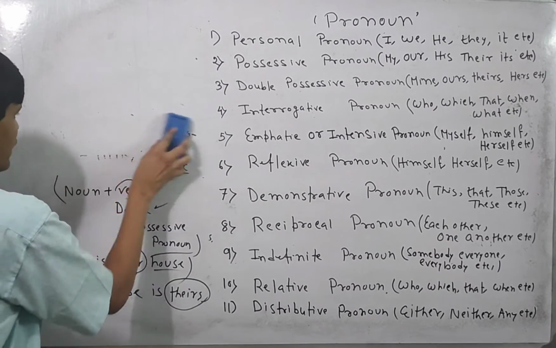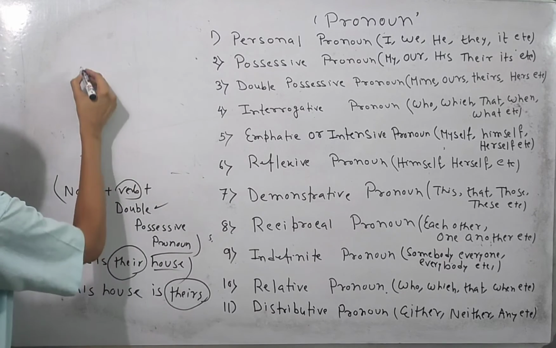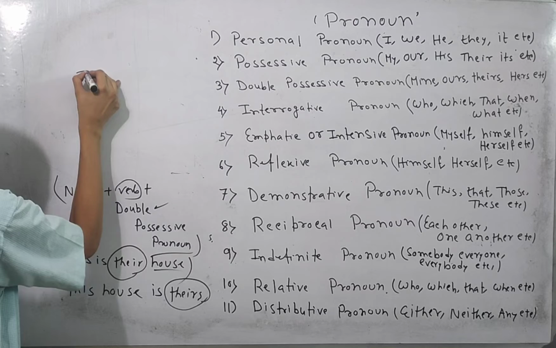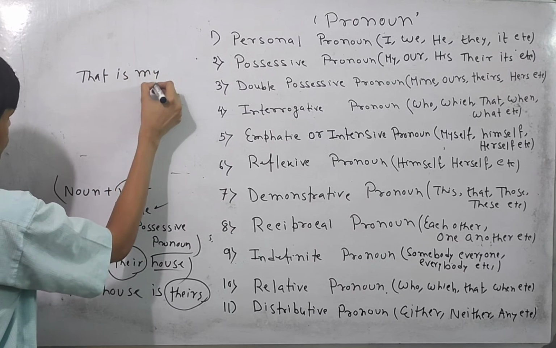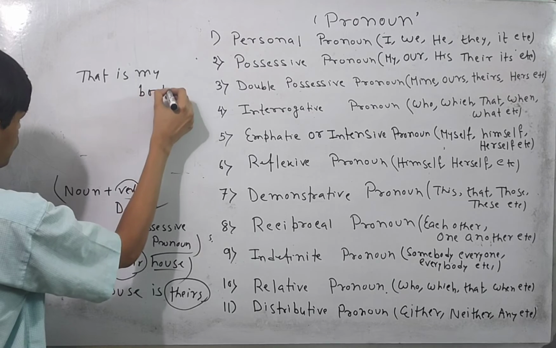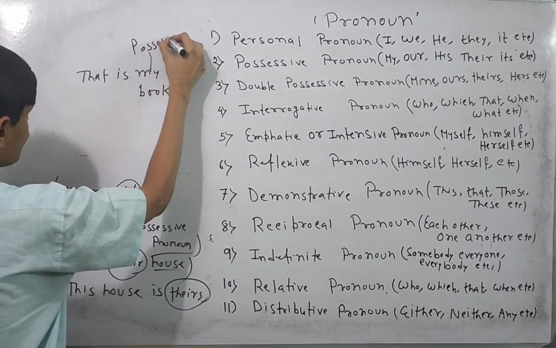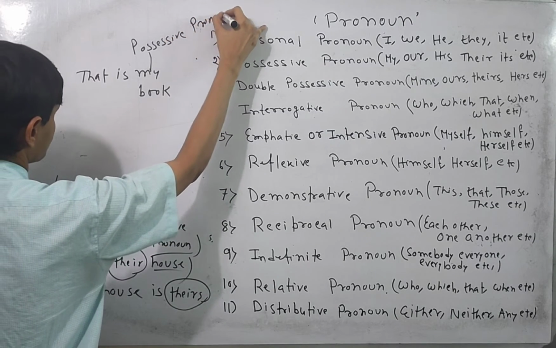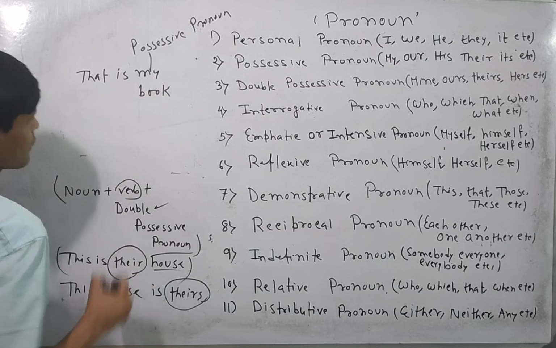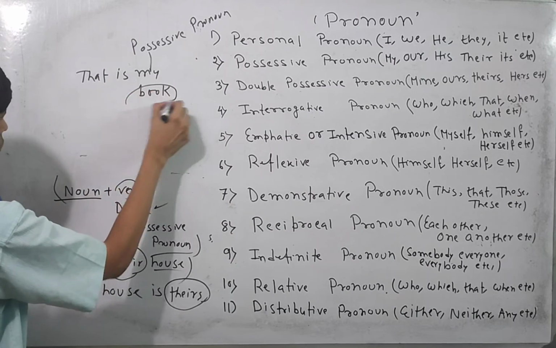Now if I write some sentences like this: that is my book. Here it is functioning as a possessive pronoun, not a double possessive pronoun. Now if I break this sentence, be careful. This is the noun.